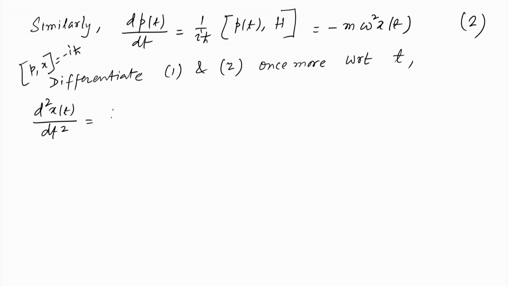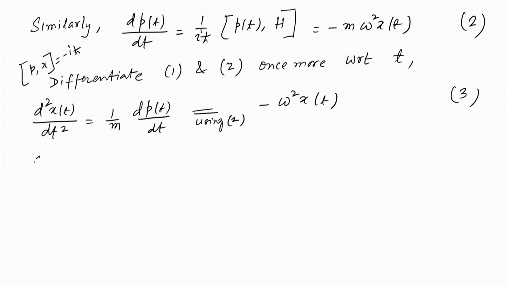So, this is equal to 1 over m dp/dt. Now, using 2, this is equal to minus omega square x of t. Call this equation 3.